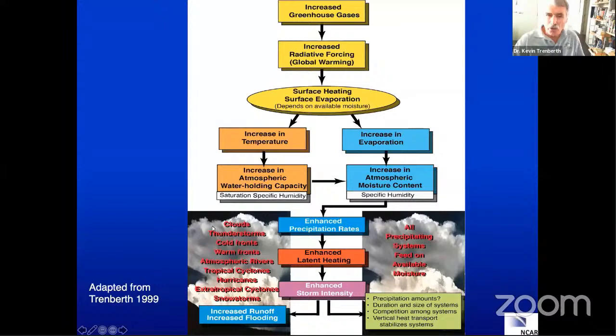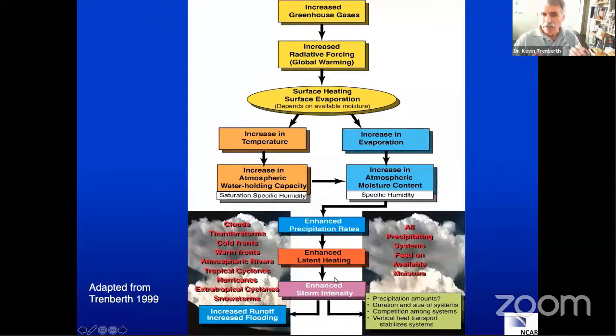And that feeds into all of these kinds of weather systems, all of them. All of them feed available moisture to enhance precipitation rates. It therefore means enhanced latent heat release when the rainfall occurs, and that enhances the storm intensity.